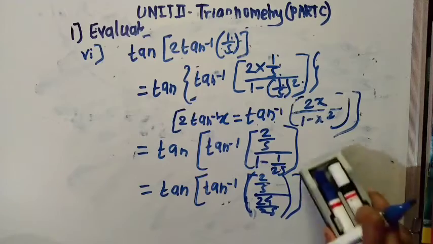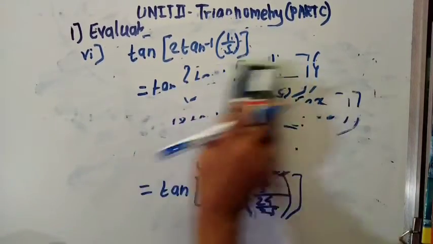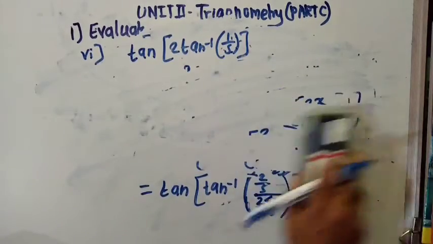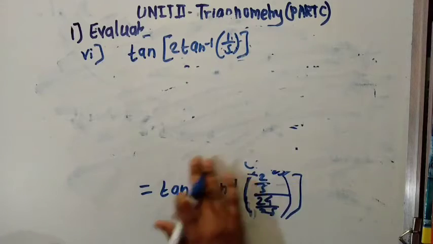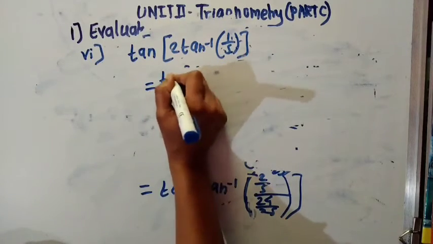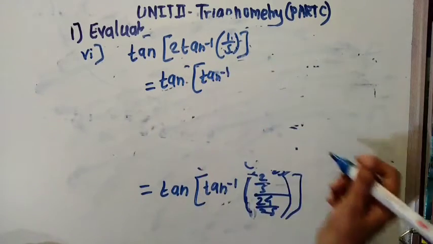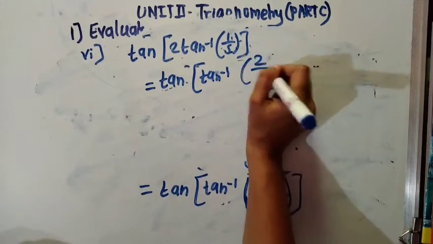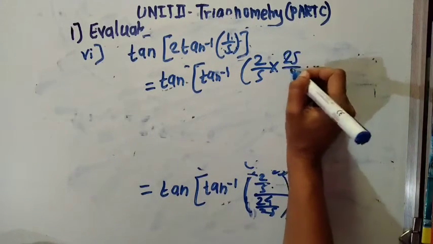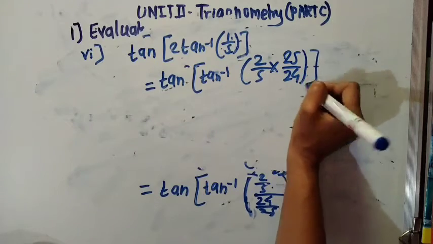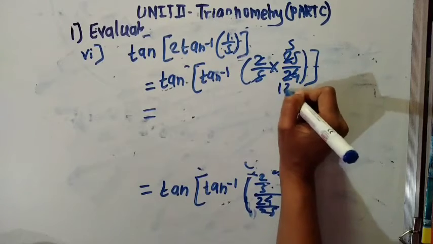Which is equal to tan inverse of 2 upon 5 into 25 upon 24, means 5 and 2 into 12.